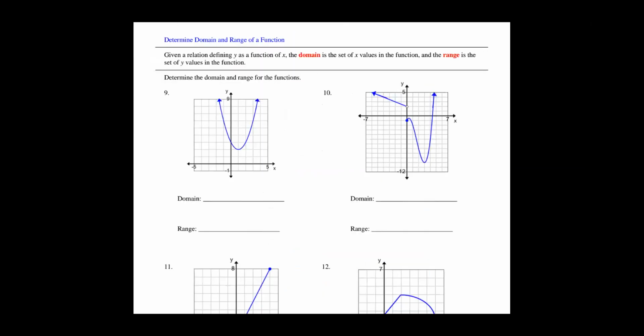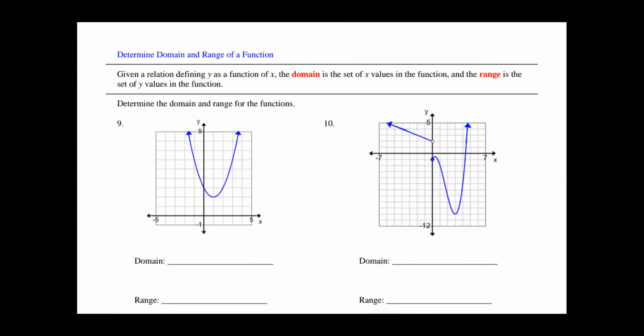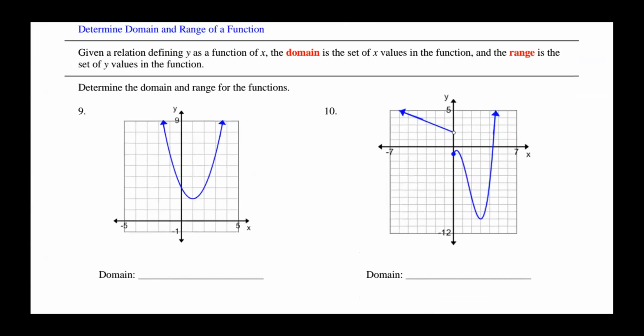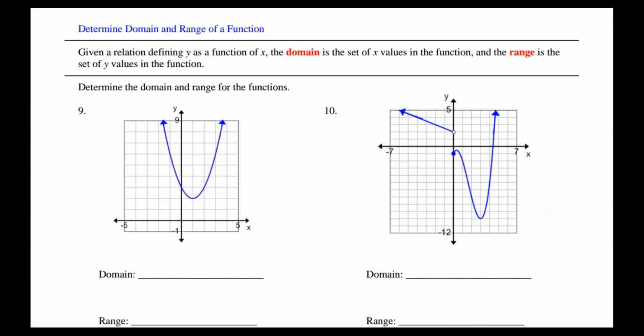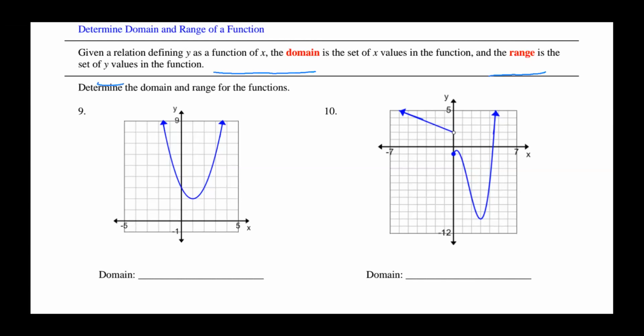Determine domain and range of a function. So we just learned domain means the x values and the range is the y values. So the x is the domain and y is the range. So now in this graph, number 9, we are going to find both x and y.